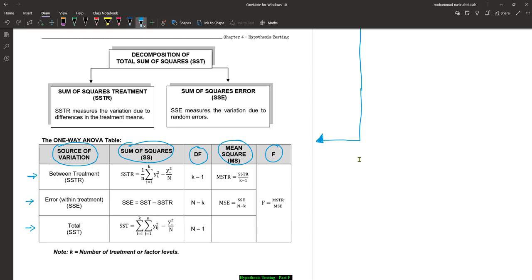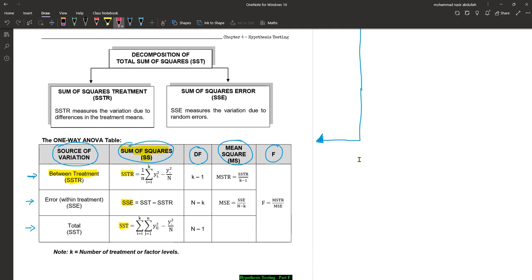Dekat sini bila kita dapatkan sum of treatment the first row ni, kita tengok the first row, right? So for sum of square, kita panggil sum of square treatment. So kita nak calculate for the second column ni, sum of square error. This is sum of square total. So the formula for sum of square treatment is Y1 dot square minus Y dot dot square divided by capital N.